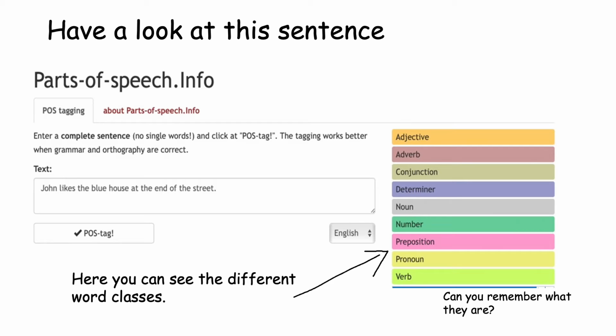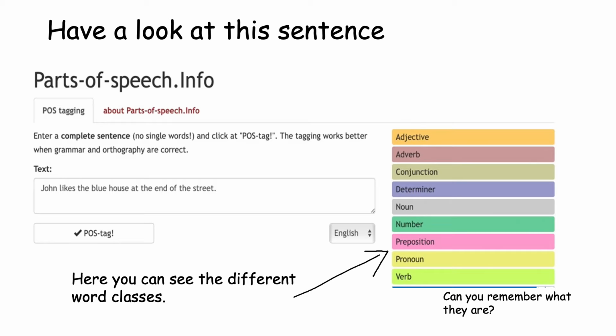Remember, those are the words like the and a, and that go before the noun. A noun, a number, a preposition, a pronoun, and a verb. Can you remember what each of those are? I'm sure you can. Now, what we're going to look at is that sentence there. And we're going to look to see which of those words are what kind of word class.